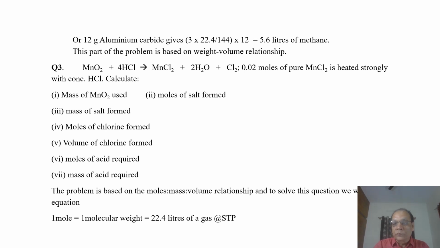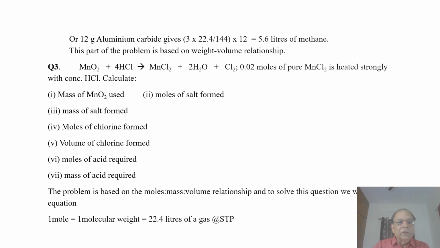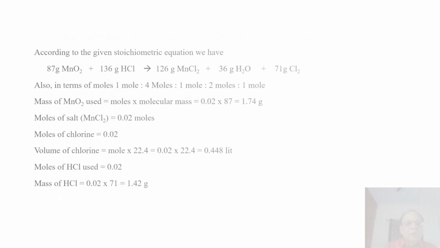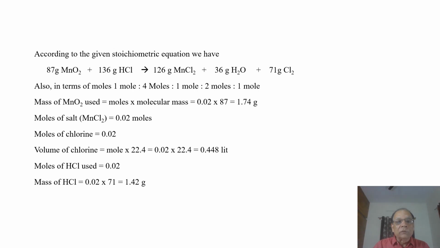Now, according to the given stoichiometric equation, we have 87 grams MnO2 plus 136 grams HCl giving 126 grams MnCl2 plus 36 grams H2O plus 71 grams Cl2.